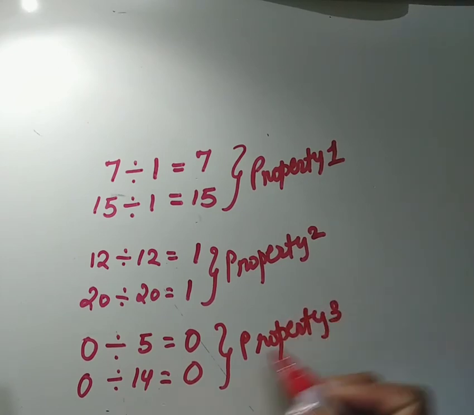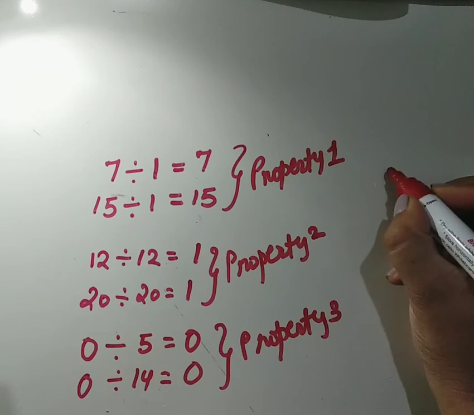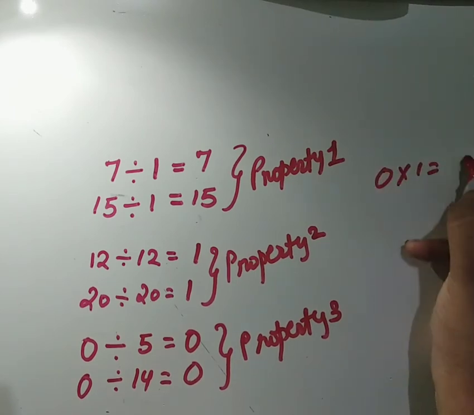Always remember, we cannot divide a number by 0. No number can be divided by 0. So wherever you're going to have 0 in the division sum, just remember that the answer is going to be 0. Because 0 times 1 is what? 0. This is your multiplication property. Any number multiplied by 0 is 0.